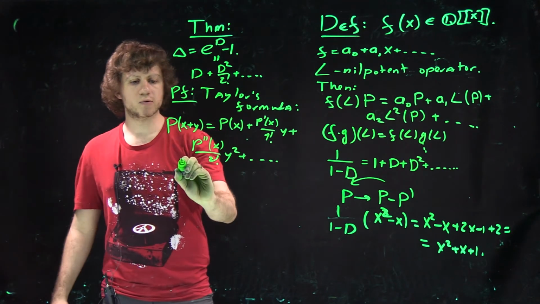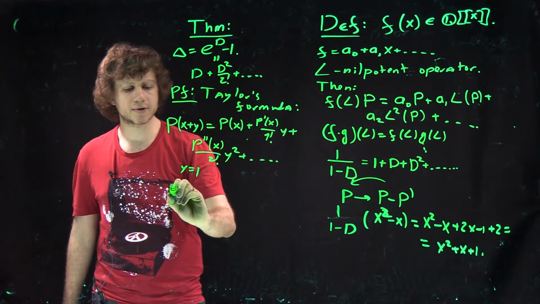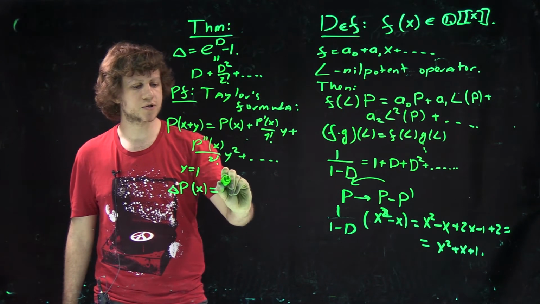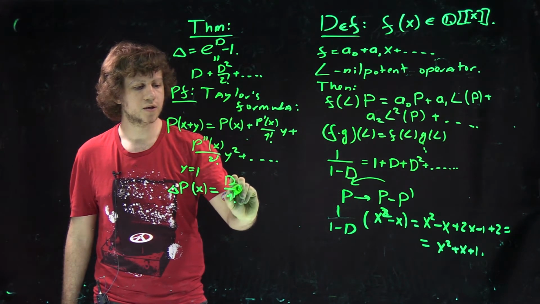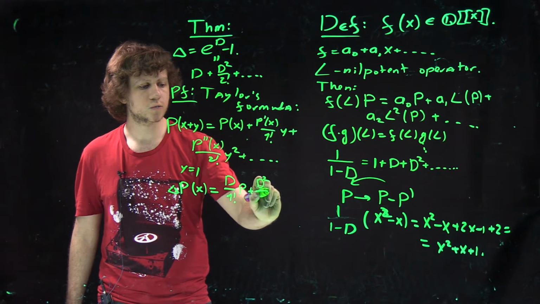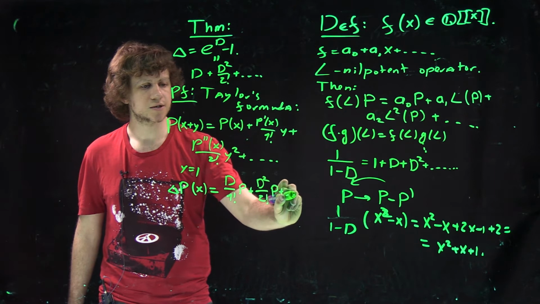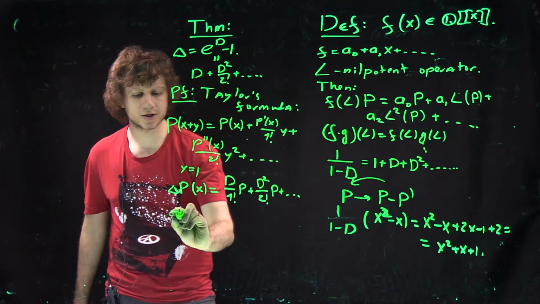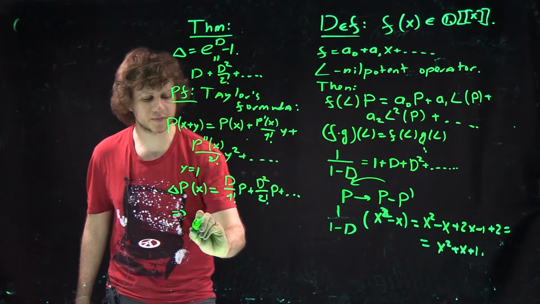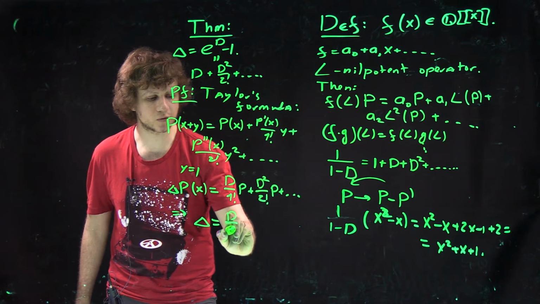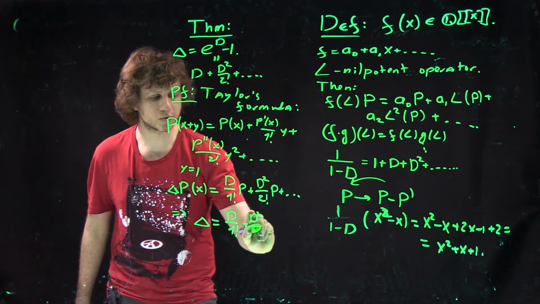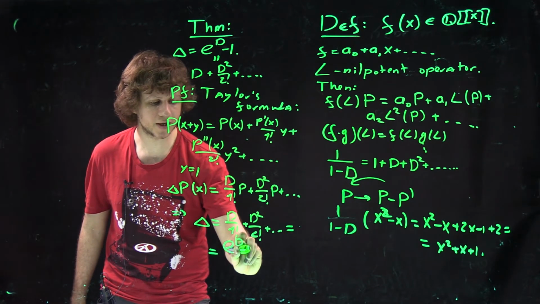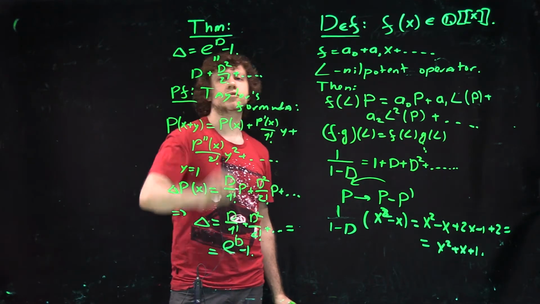And I can plug in y equal to 1 and move p of x over, and then I will get delta p of x, which is p of x plus 1 minus p of x, equals d over 1 factorial p plus d squared over 2 factorial p plus and so on. So this is what I see here, when I plug in y equal to 1. And since it's true for every polynomial, it means that delta equals d over 1 factorial plus d squared over 2 factorial plus and so on, which equals, by definition, e to the d minus 1. So we have this beautiful relation.